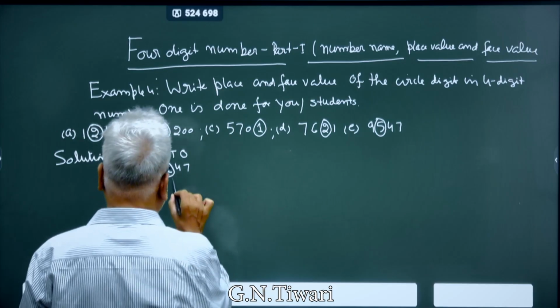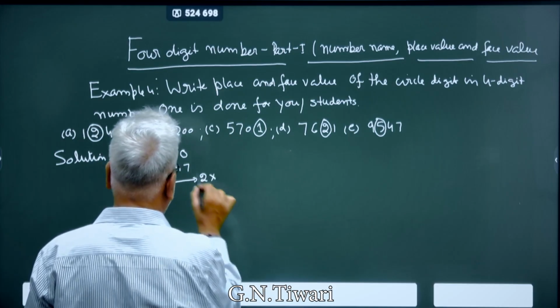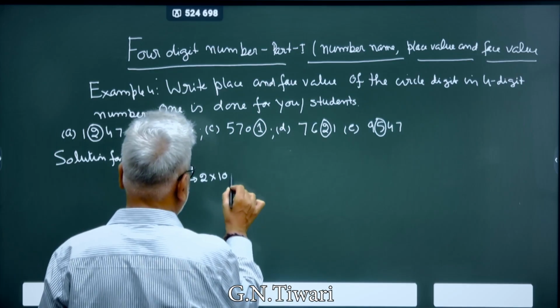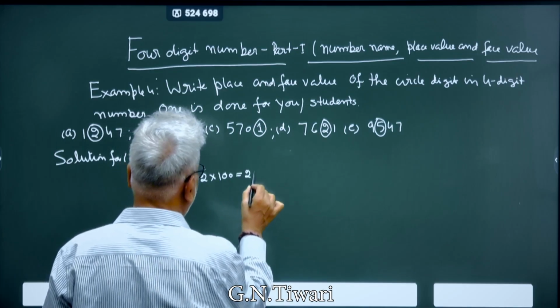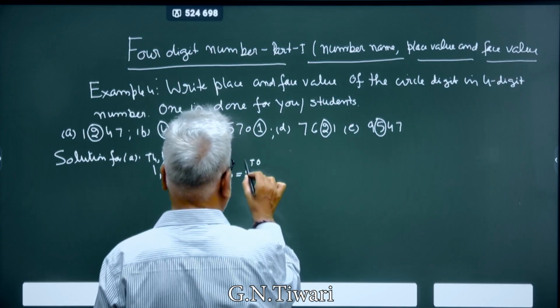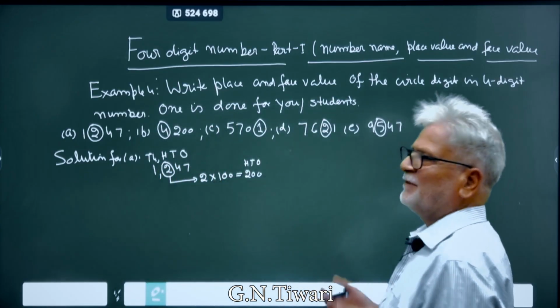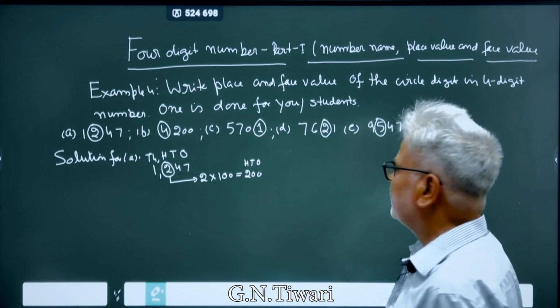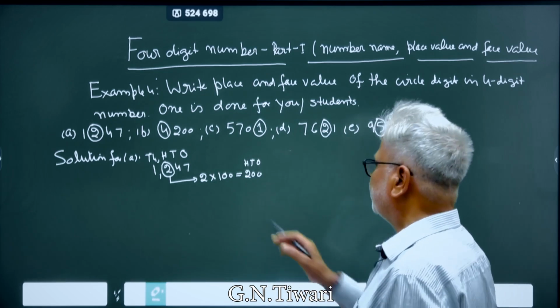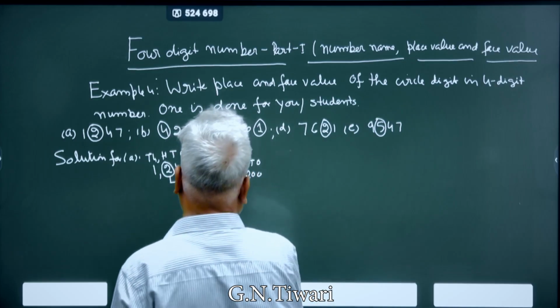So simply its place value is 2 into 100 is equal to 200. O T H. I am not writing the number name because everybody knows how to write 200. Also expanded form of whole thing: 1000 plus 200 plus 40 plus 7.